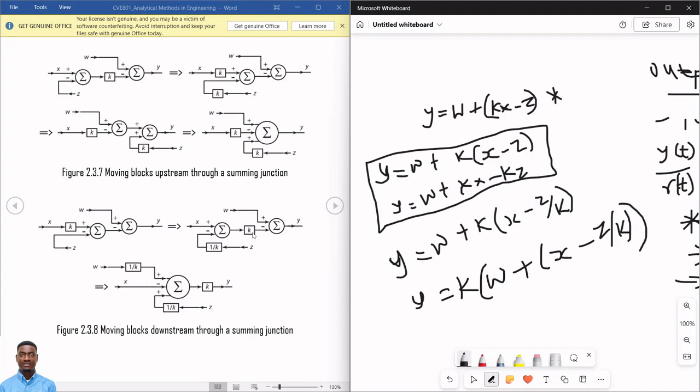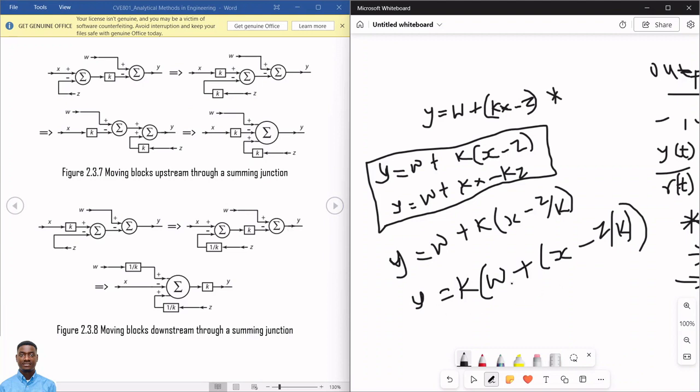If I move this k here, and I didn't repeat it on any of these blocks, that is a downstream movement to the right. Now what we did before here is upstream movement. What we are doing here is downstream movement.